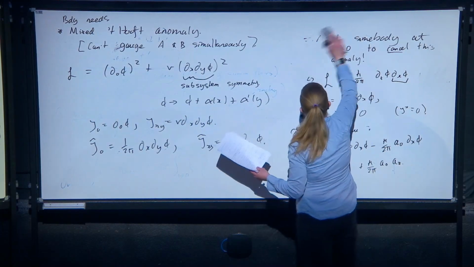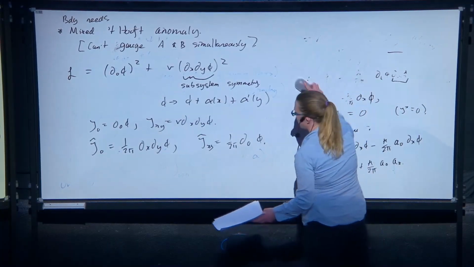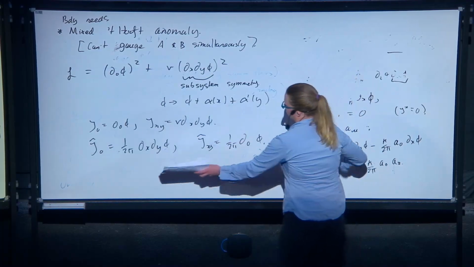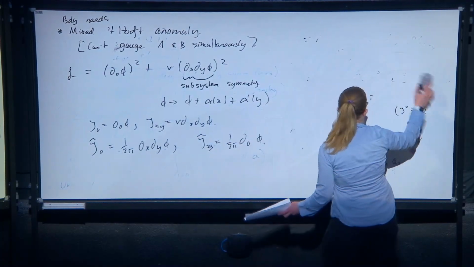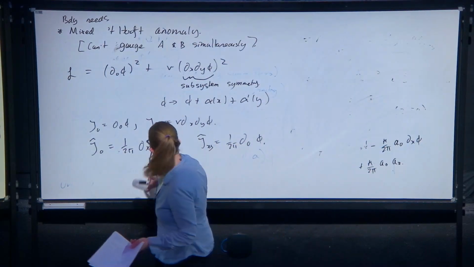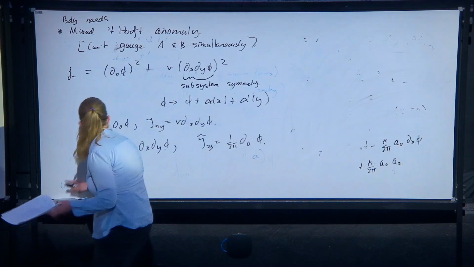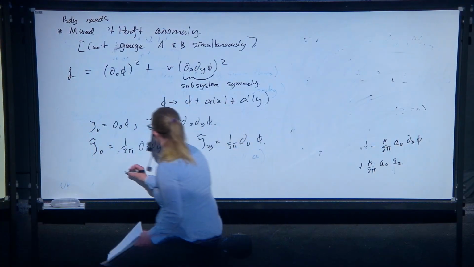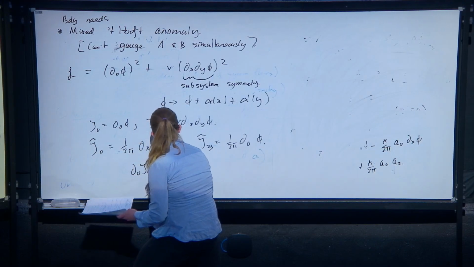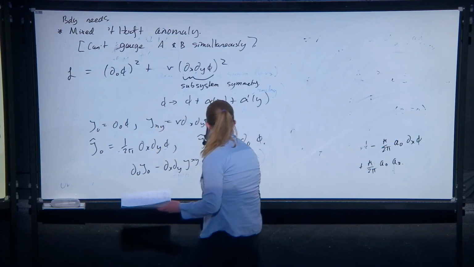So this guy is often called the momentum symmetry and the winding symmetry. Both satisfy d0 j0 minus dx dy j xy equals 0.